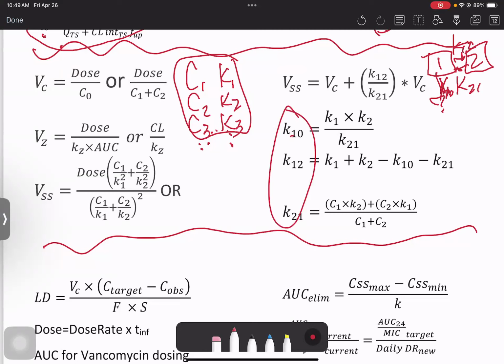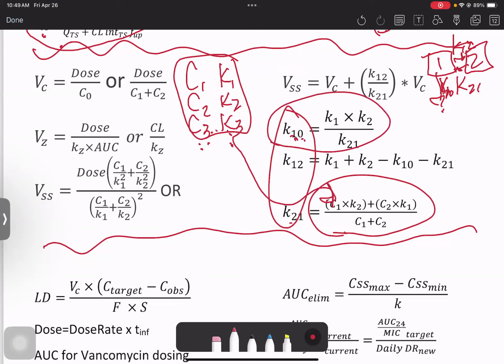So you start out by figuring out K21 using the macro constants, and then you go do K10. Okay, good.